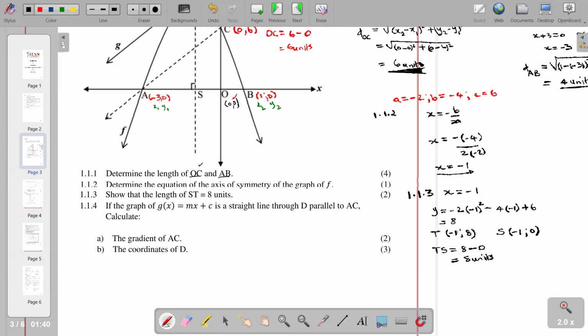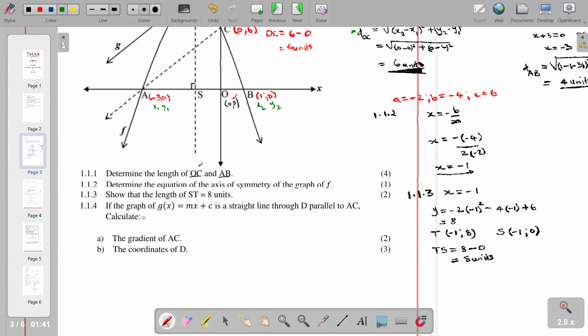Alternatively, because we have the coordinates of T and S, we can apply the distance formula, using the coordinates of T and S. Then we go to the next question.